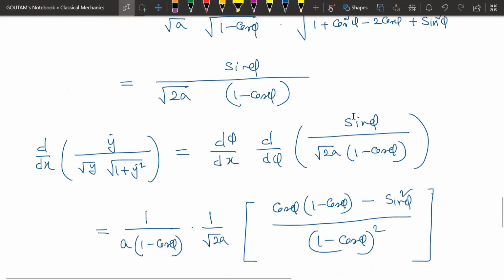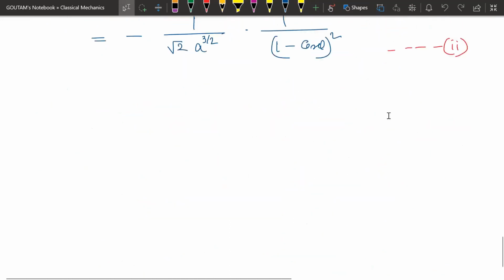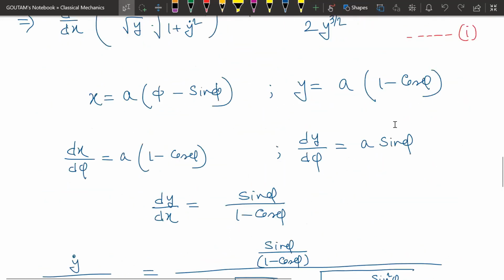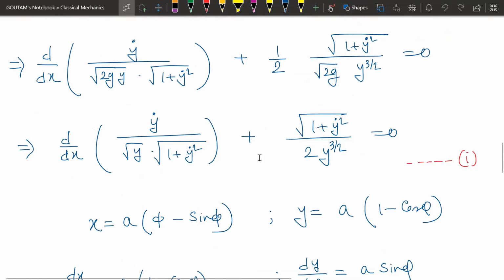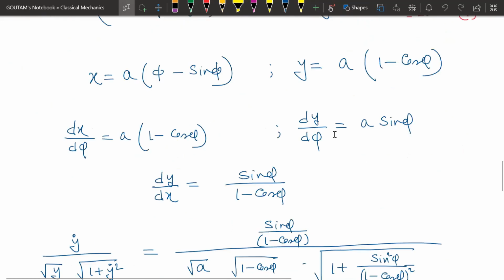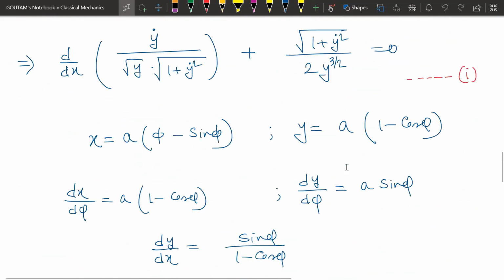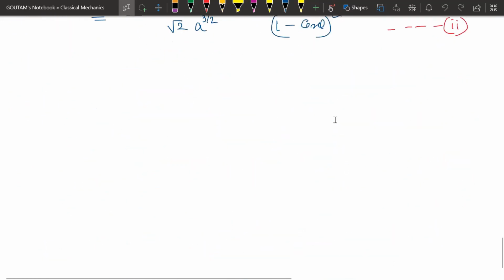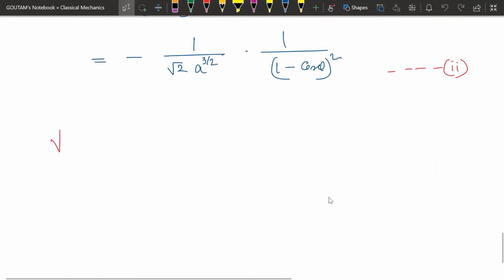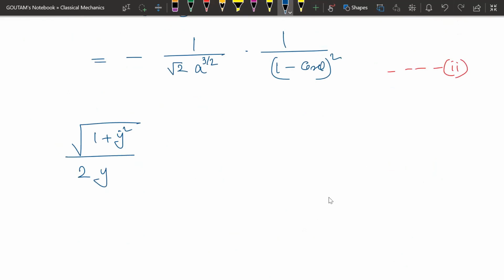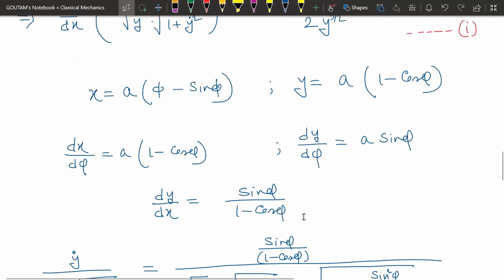And now we will find out the value of the second term of equation 1. So the second term is root under 1 plus y dot square by 2 y to the power 3 by 2.